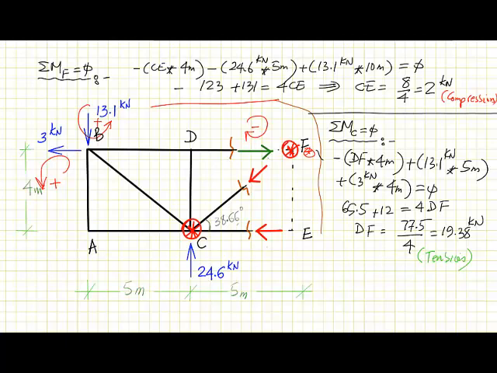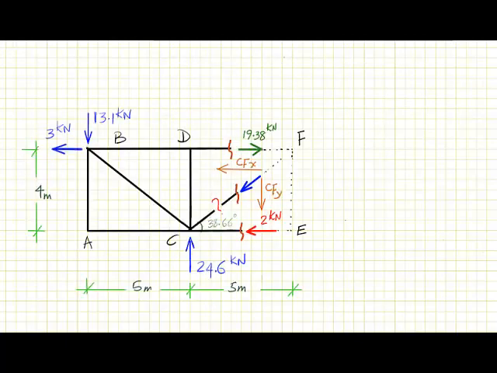Now what's left for us is this force, so we'll need to do the sum of all forces in x direction or y direction equal to 0. So let's do this. Now we have this value calculated, this value calculated, compression, tension.